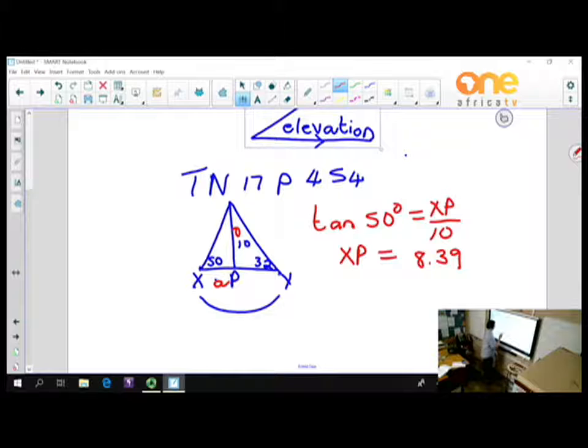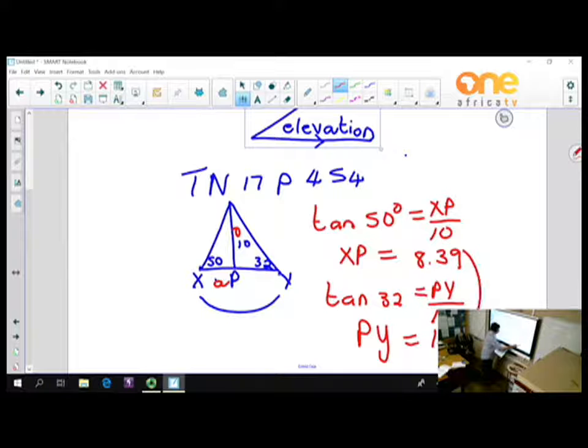Now if we look here, we're also going to use tan. So tan 32 is equal to PY over 10. Which method? Top times. So PY is going to be 10 times tan 32, which is 16.